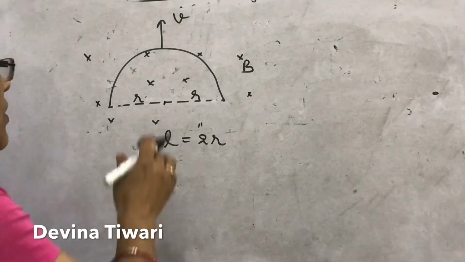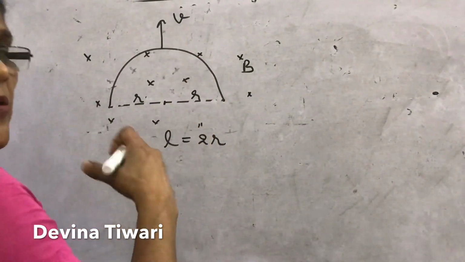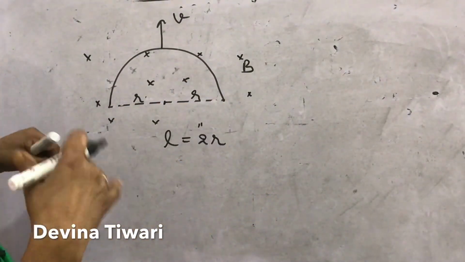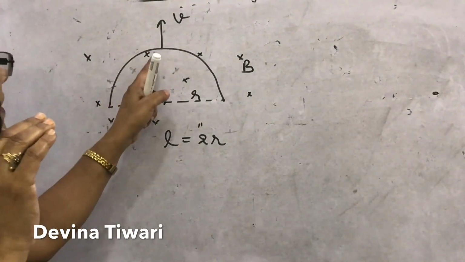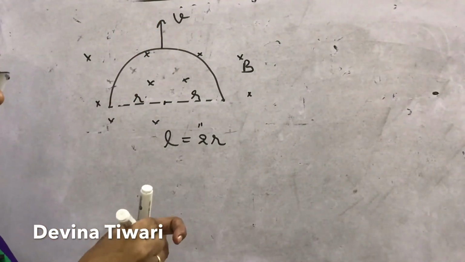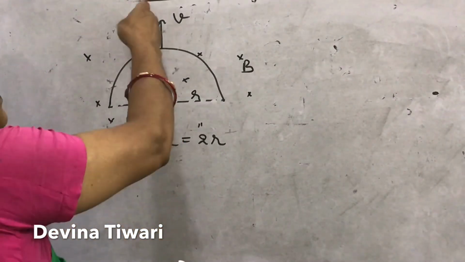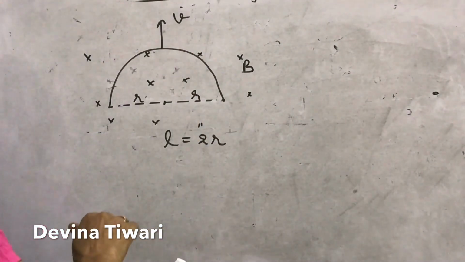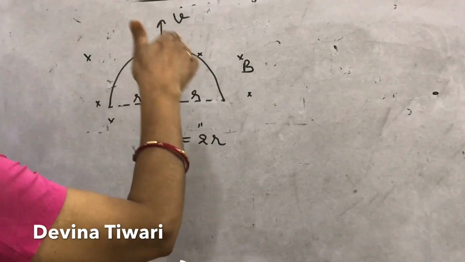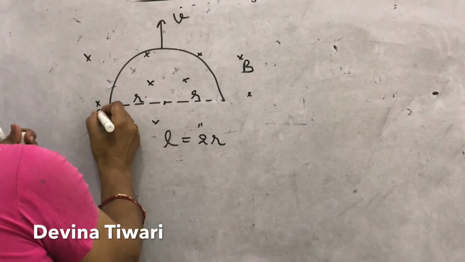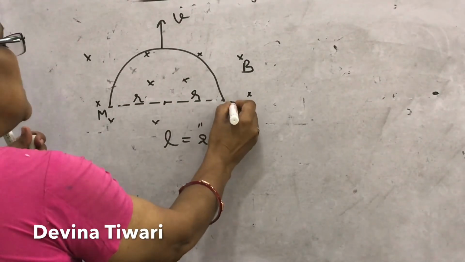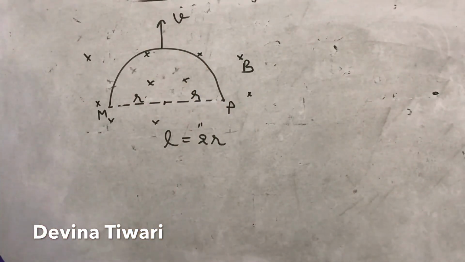So taking the displacement as the length, how will you find the EMF induced in this rod? Look, this is V, this is B. Suppose this end I am writing as M and this as P. First you decide the polarity.